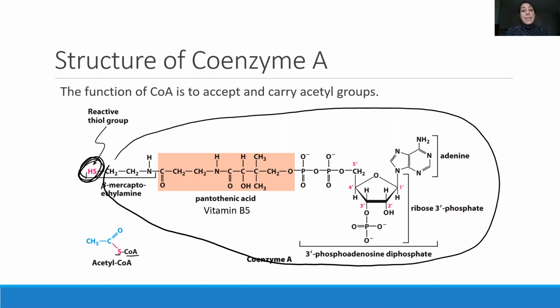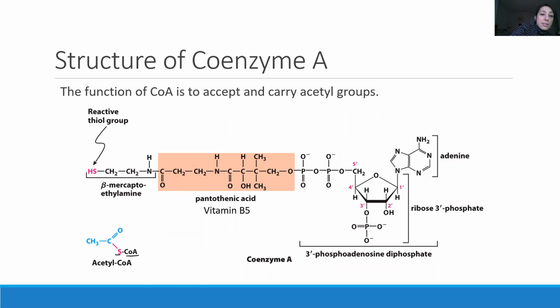So you can see that the acetyl group we picked up originally from our pyruvate is going to react off of our lipolysine to this thiol group, this very reactive thiol group, which will attach directly to the carbonyl. And that is what makes acetyl-CoA.